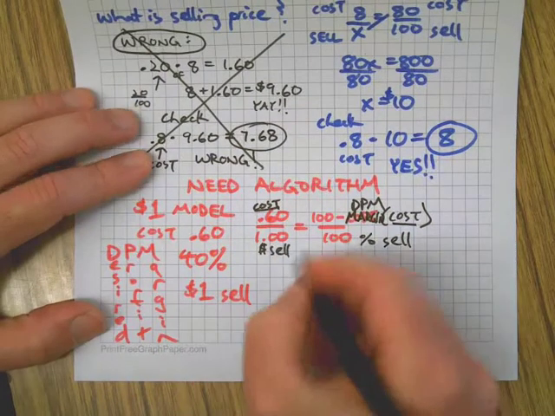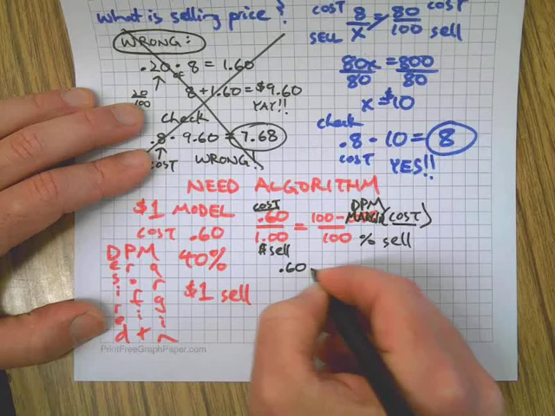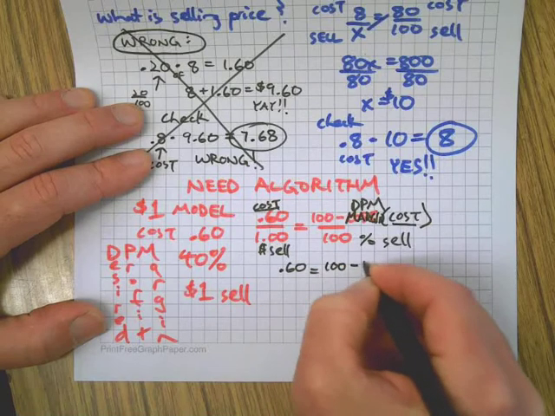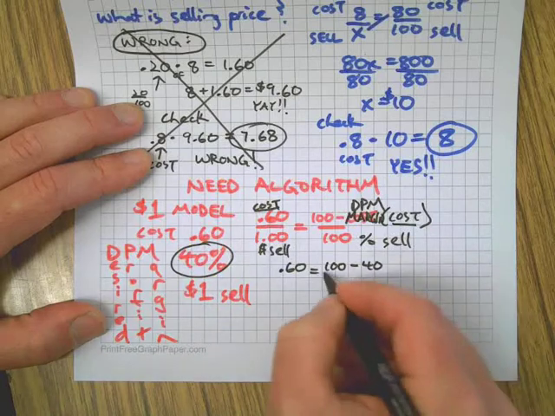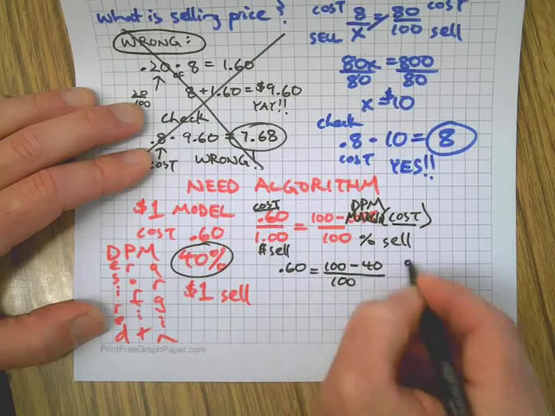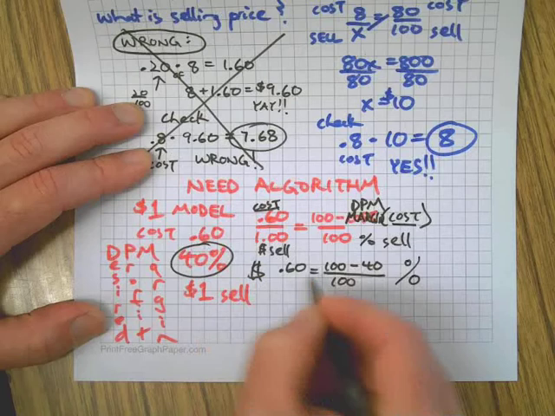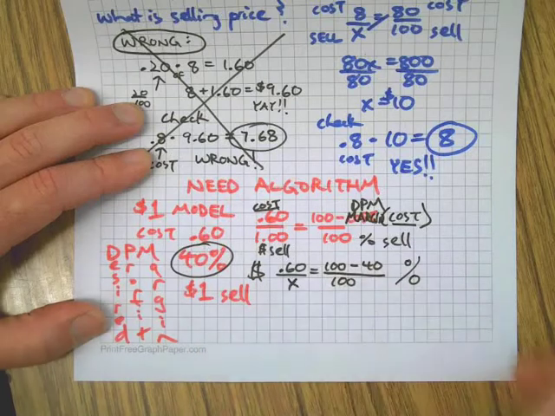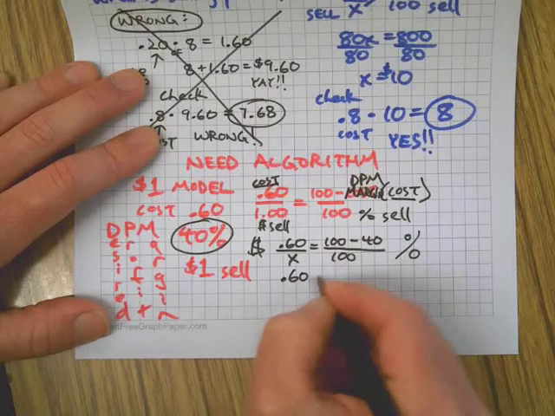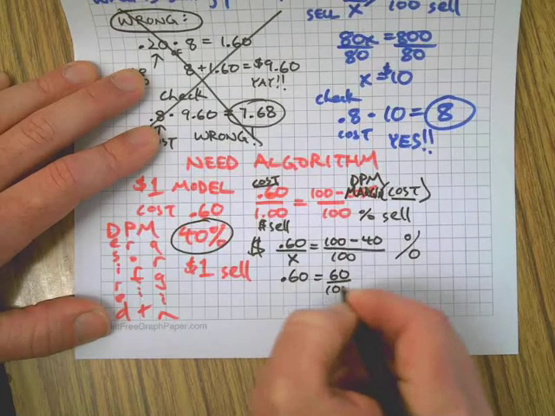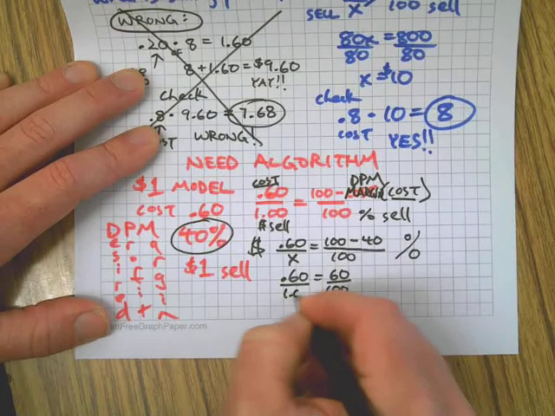Okay, so obviously this works. If I take my cost and I do 100 minus my desired profit margin, as this is my percent side, this is my dollar side, and set it up like that, we know the answer is $1, right? Which we can prove by doing this. Very simple.